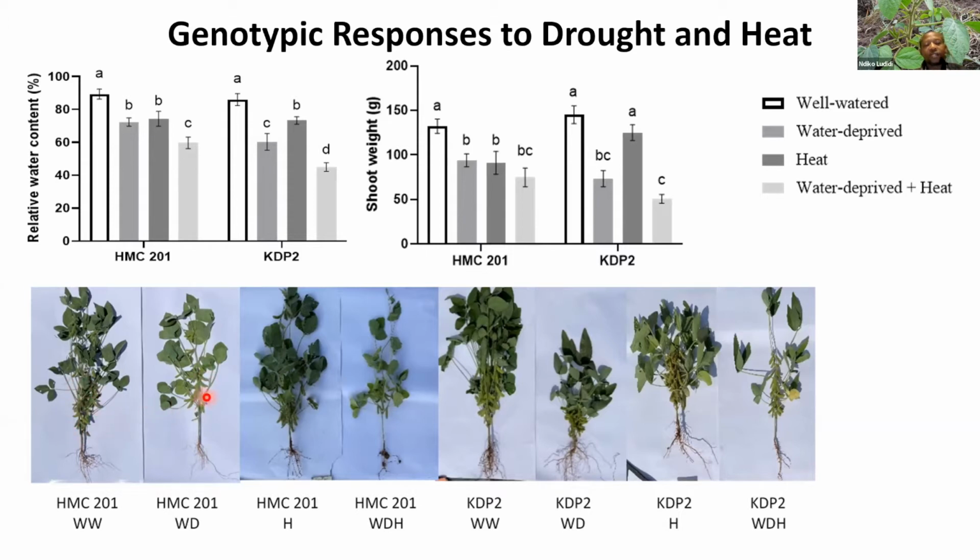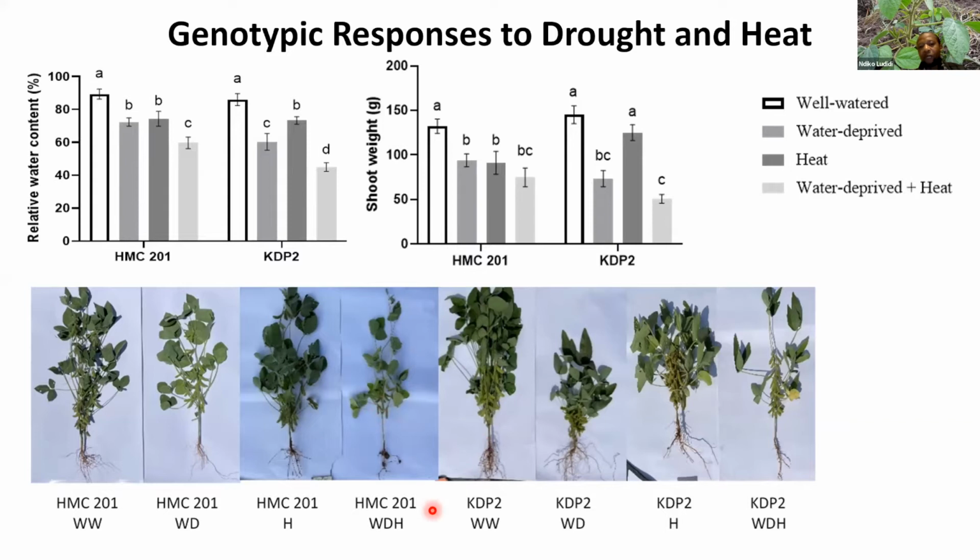So the drought stress has an impact on the yield of the plant. Heat stress alone has not so much impact, but a combination of heat stress and water deficit has a major impact on the vegetative parts of the plant, in terms of the amount of foliage, but also the number of pods.